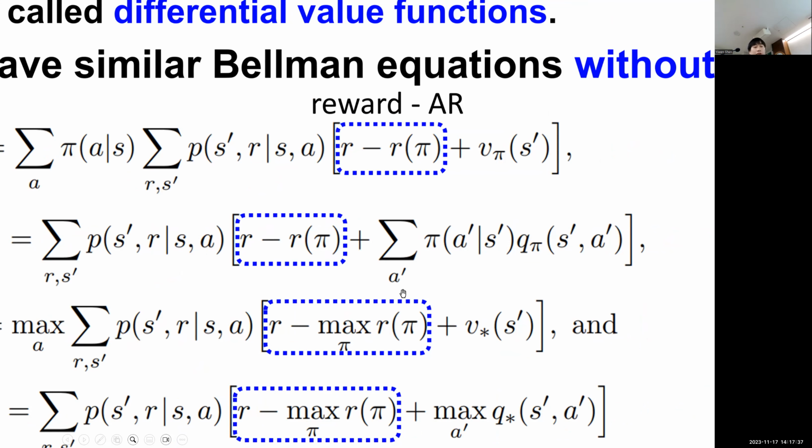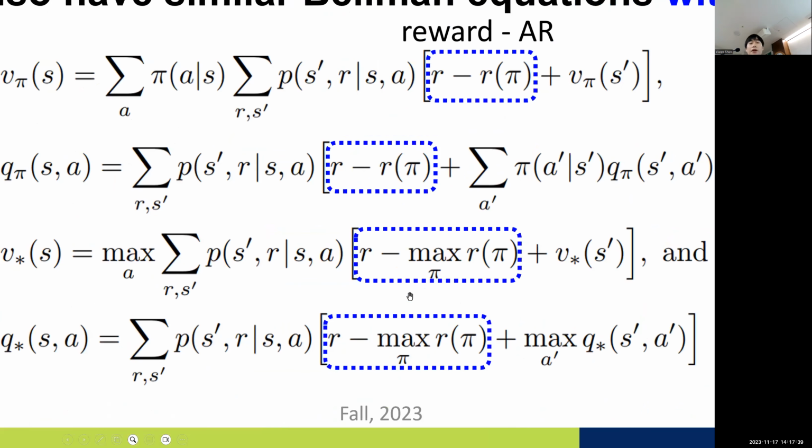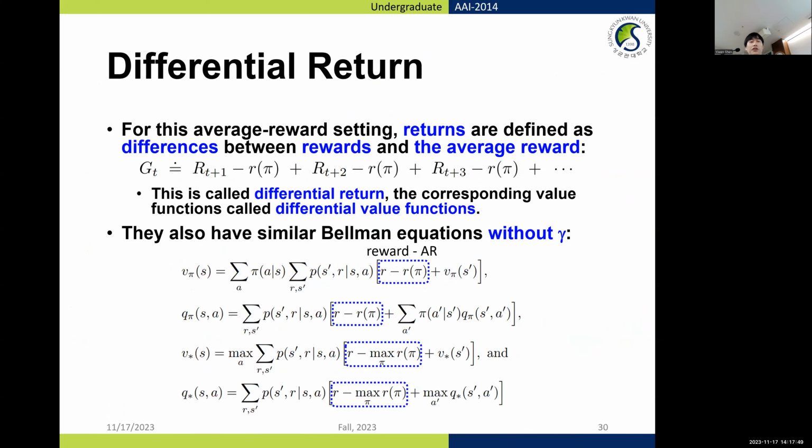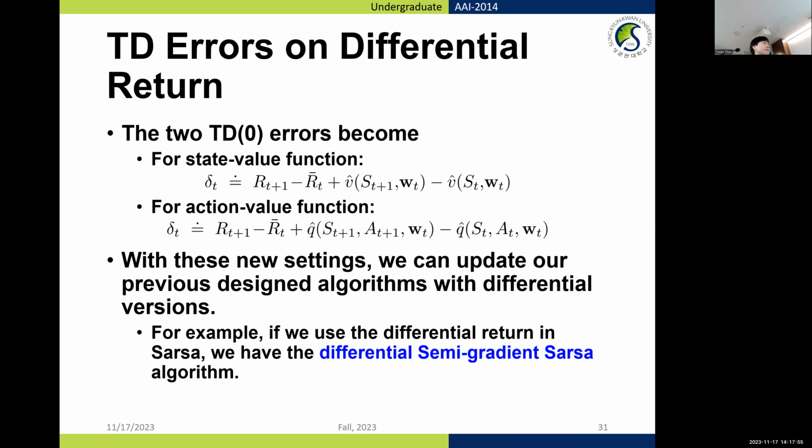Now gamma has disappeared. The others are just similar. Here we just consider the maximum over actions, which means the greedy action from pi. This is the new Bellman equation based on the new setting.